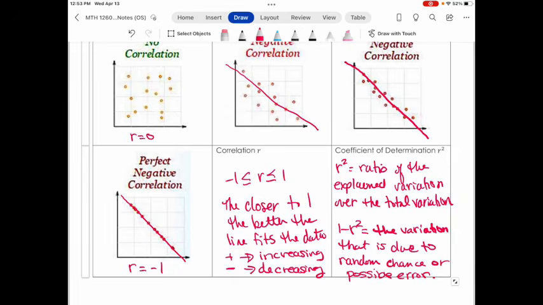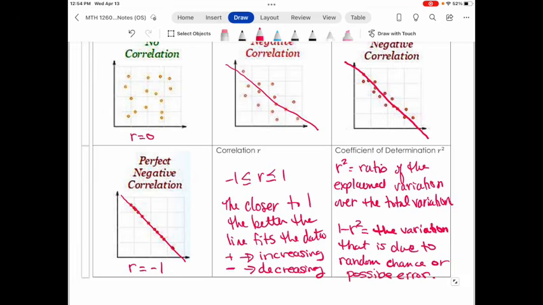So, for example, if R squared came out to be 0.8, then I can say that 80% of the variation can be explained based on the way that the x and the y are changing. So that's a good variation. It's what we expect to happen based on what we're plugging in for x and y.